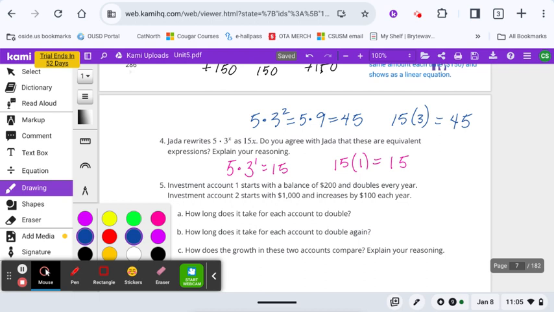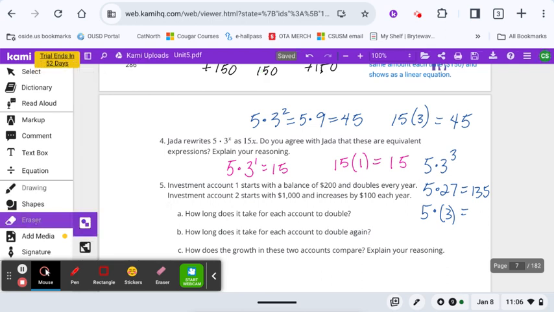Okay, yeah, it is. Let's keep going. 5 times 3 to the third would be 5 times 27. I got to get my calculator out for that one. That's 135. And then 5 times 3.